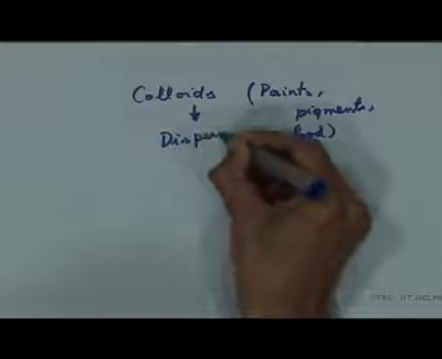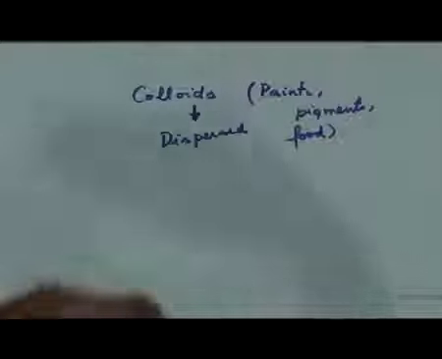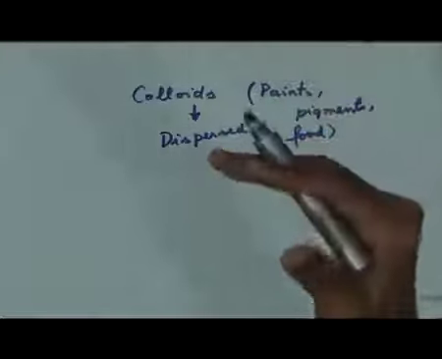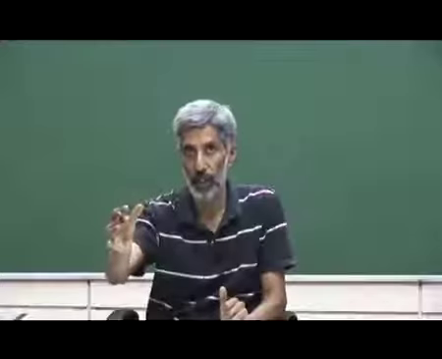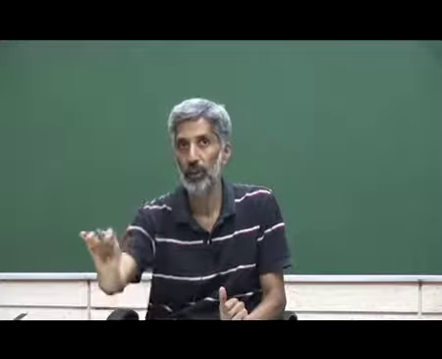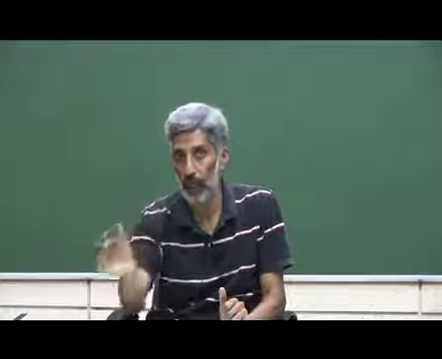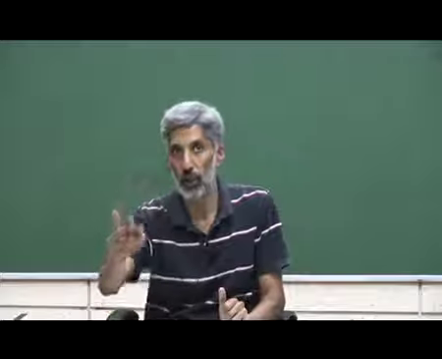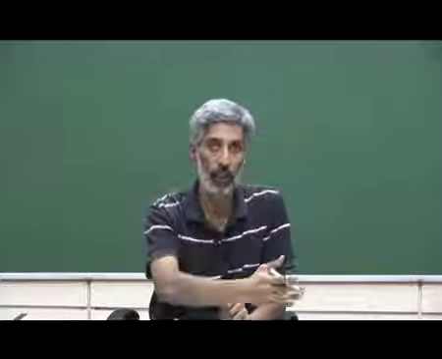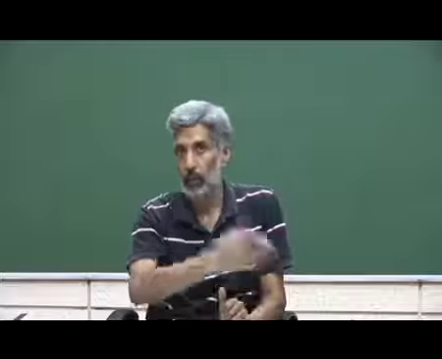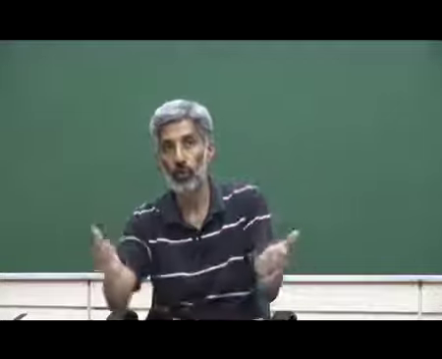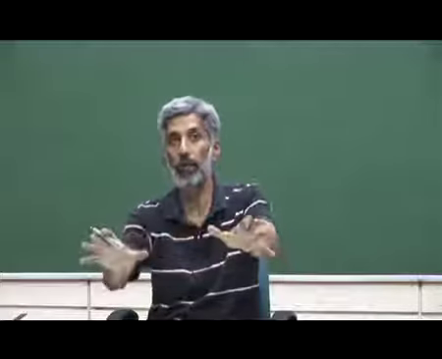So, you would have a dispersed medium. For example, if you have paints, you have some coloring dye which is put into a solvent. So, you have a liquid dispersed in another liquid, or you have food material where you have solid objects dispersed in a liquid. Even milk, for example, is in some sense a colloid, because you have all sorts of particles dispersed in a water kind of medium.